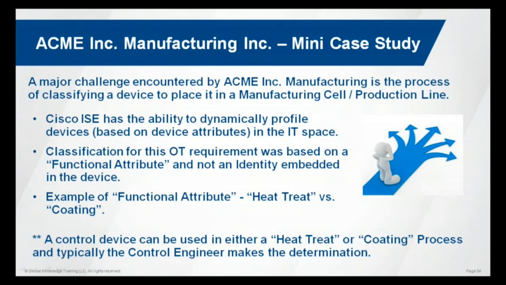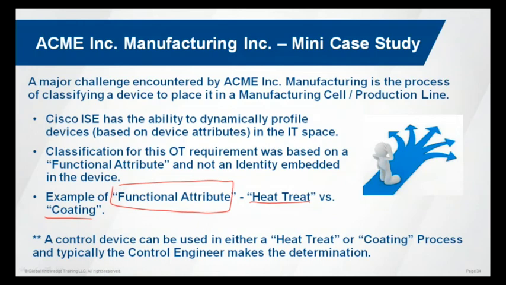But this is not the case in the OT network when you profile these devices. For example, if I'm a control engineer and I have two cells, one for my heat treat and one for my coating, how do I make that distinction? This is based on functional attributes.